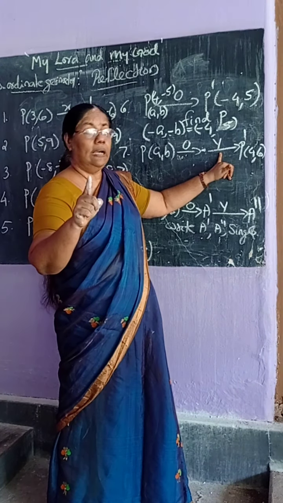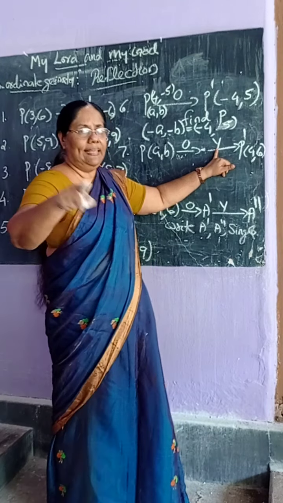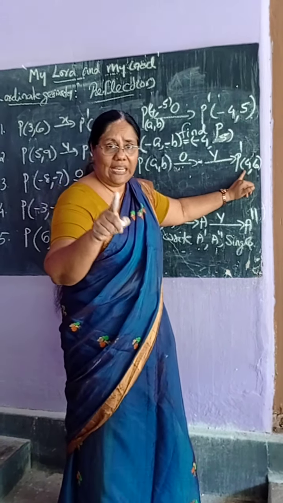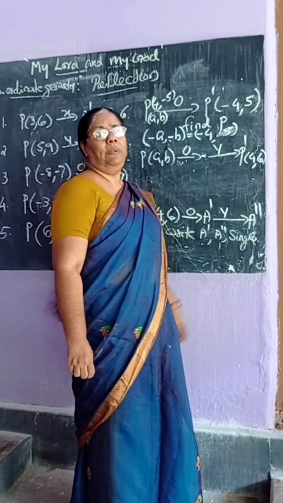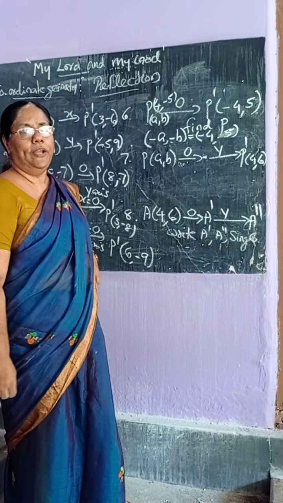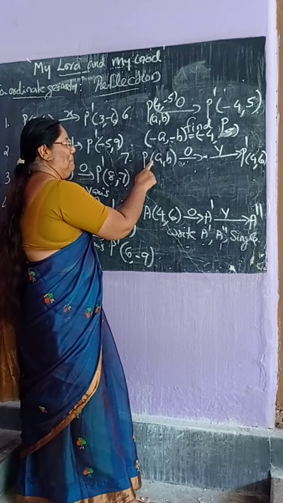First reflected in the origin, then reflected in the y-axis. Write the sentence also. Its image is (4, 6). P dash is (4, 6). Then find the point P. Okay, we can start the journey.